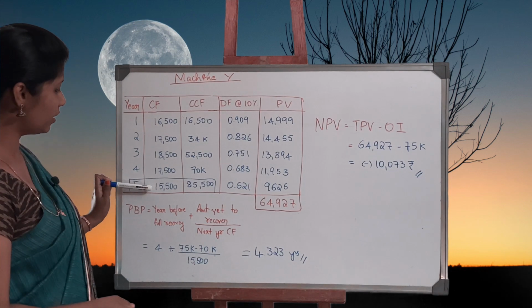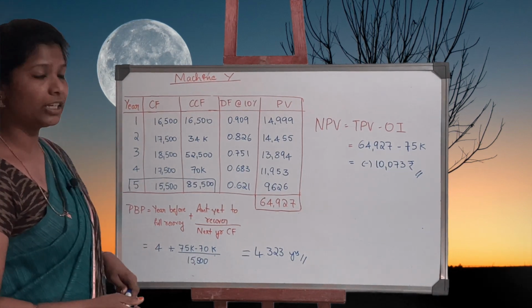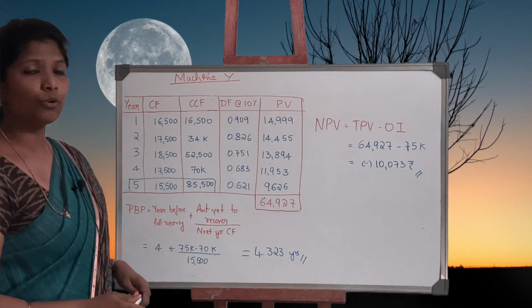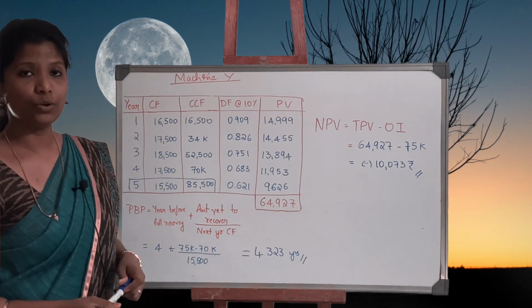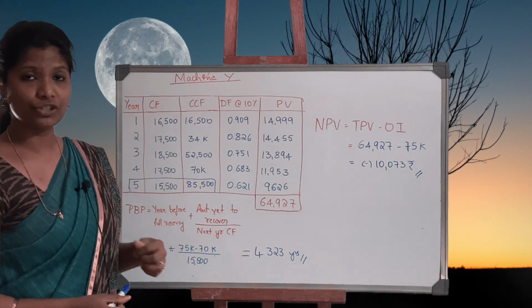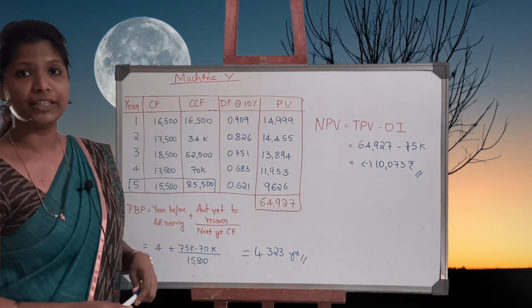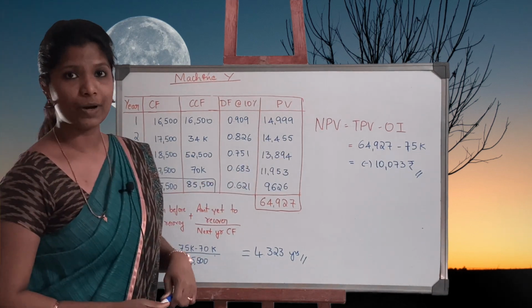That year's cash flow is 15,500. So that I'm going to write down as the denominator. Once we add up with this, we arrive at 4.323 years. So just to recover the original investment of rupees 75,000, the machine is going to take 4.323 years.